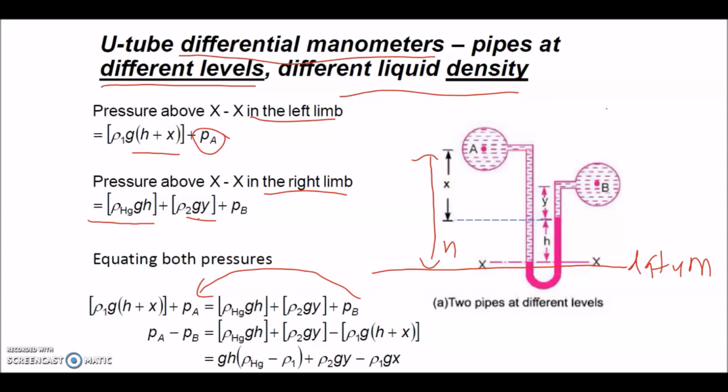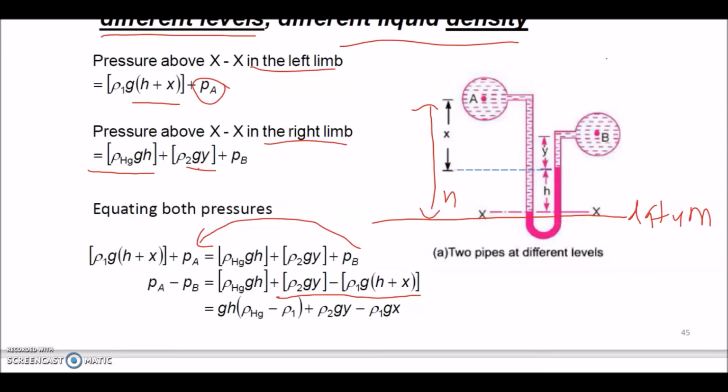We need to find the difference of pressure at point A and point B. So the density of mercury times gravity times H, plus density 2 times gravity times Y, minus density 1 times gravity times H plus X. When we solve this simple mathematics, you get PA minus PB equals gH times density Hg minus density 1, plus density 2 gY minus density 1 gX.